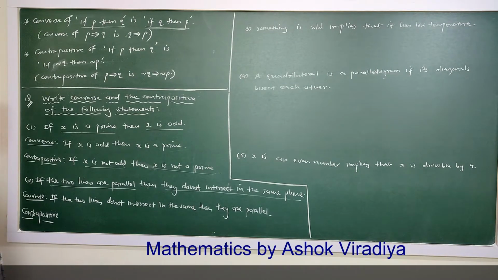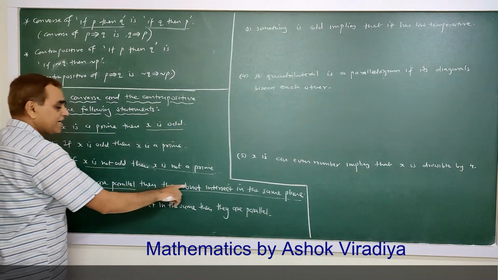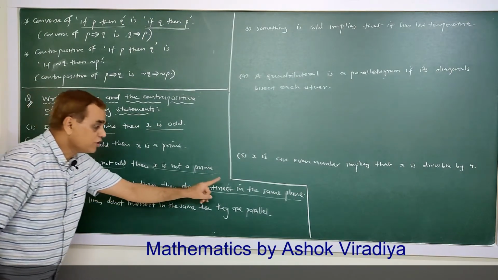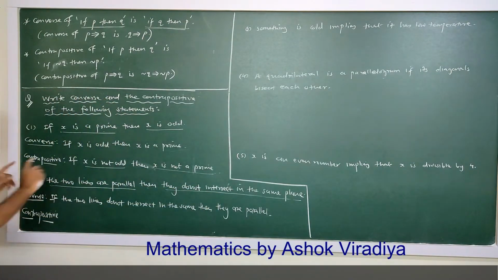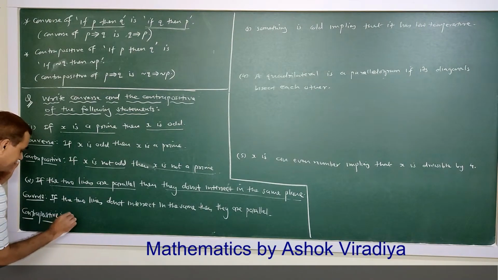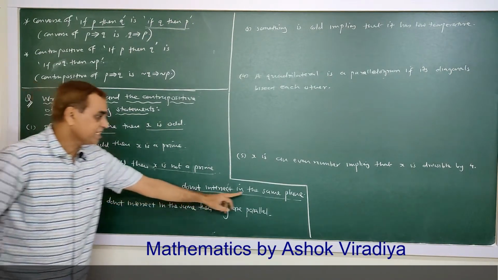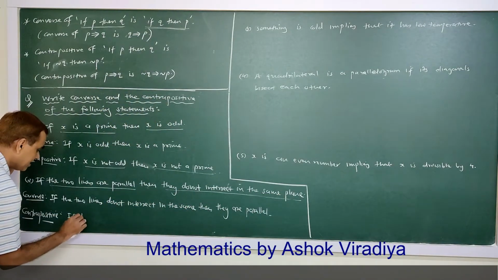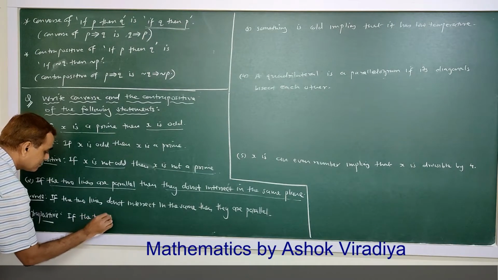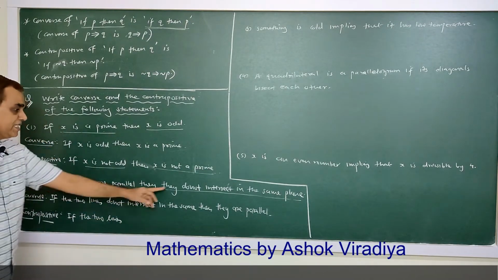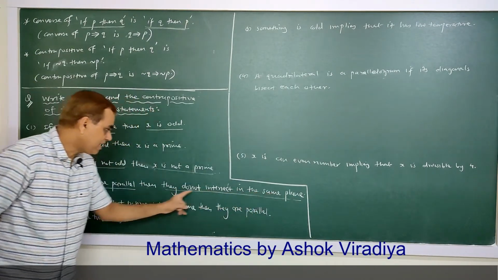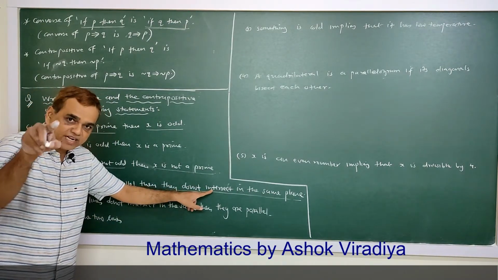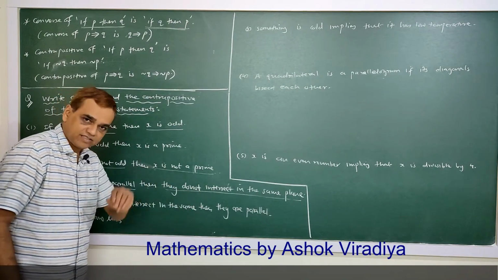Contrapositive of if P then Q is if not Q then not P. So negation of this statement, the two lines, see what will be negation of this part? Here the word is they do not intersect and its negation will be they intersect.